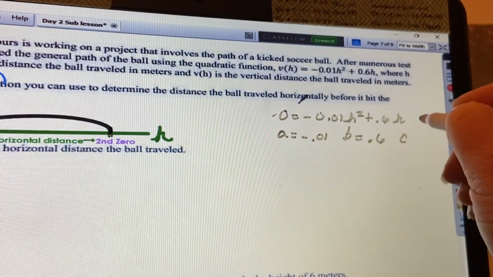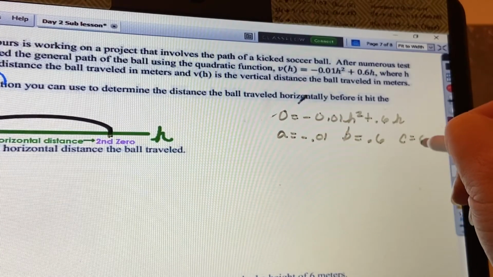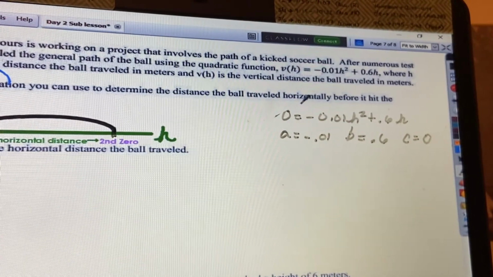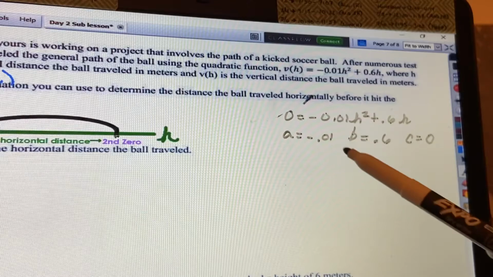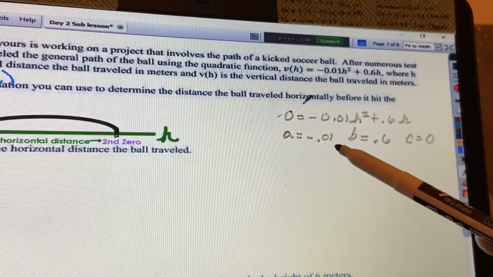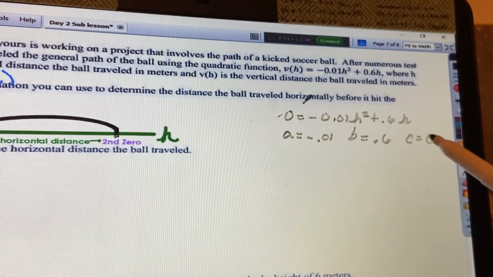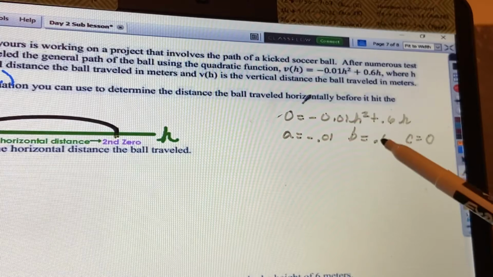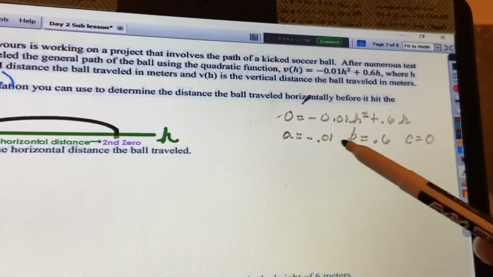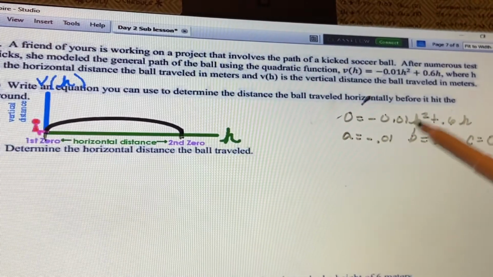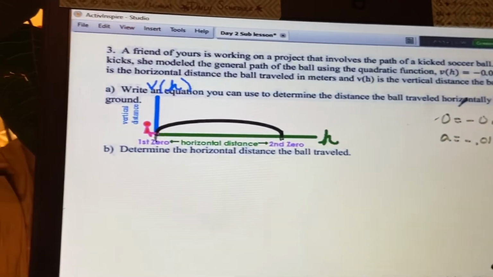And our c, there isn't a constant, so your c is 0. When you use the quadratic formula, you always have to have a value for your a, your b, and your c. And sometimes it's going to be 0 for your b or your c. Your a, you better have something, otherwise you don't have a square term.